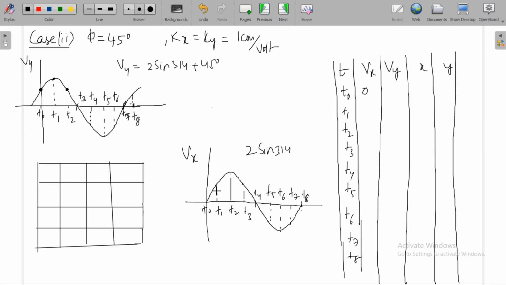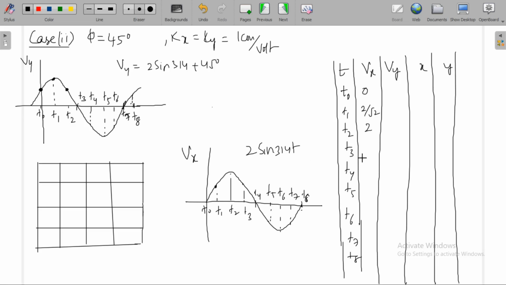At 45 degrees, what is the value of this voltage? That will be 2 sine 45 degrees, omega t. That is 2 by root 2. At 90 degrees, it is 2 into 1, sine 90, so you're going to get 2.